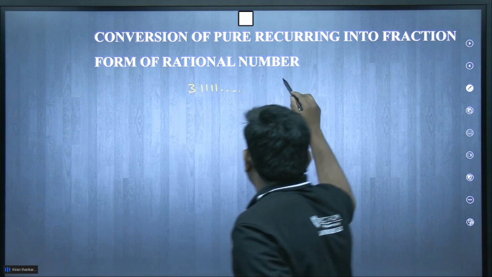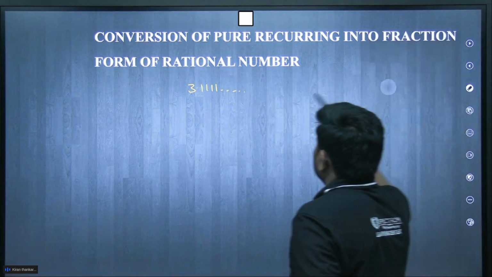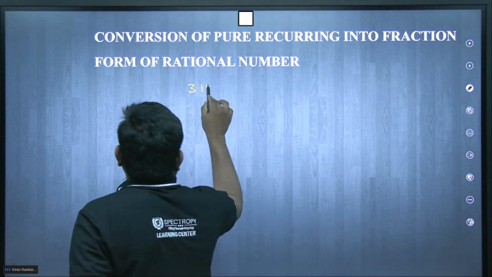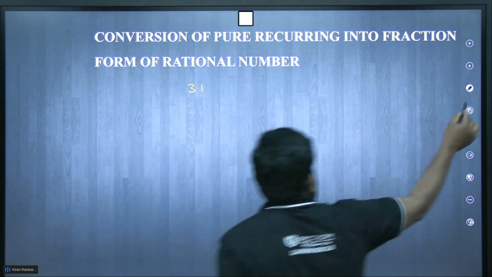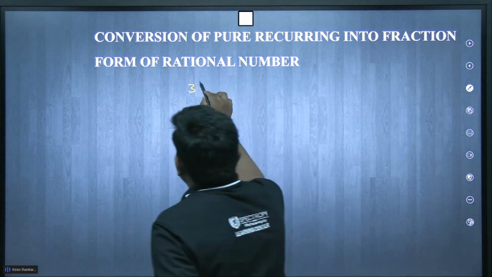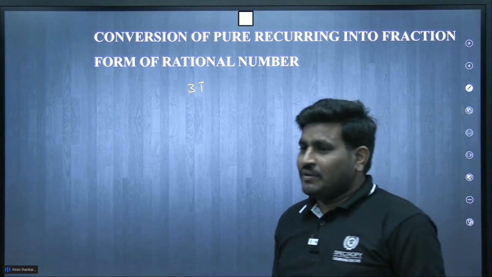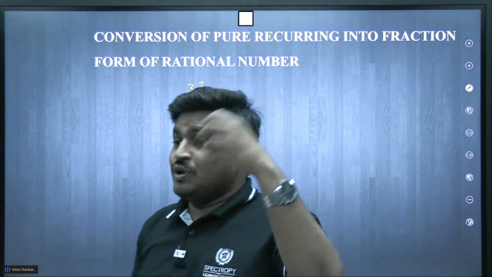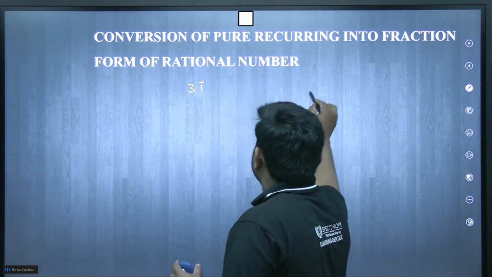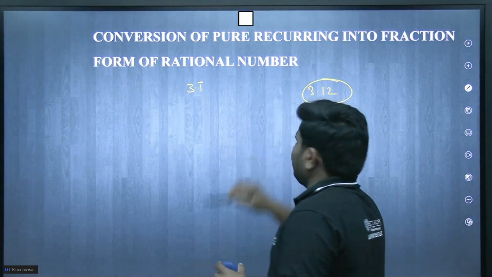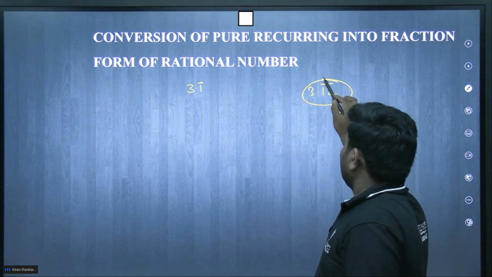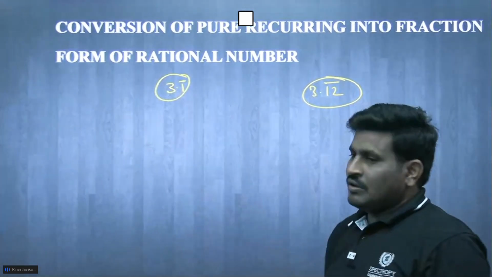We can write it simply as 3.1 bar. The bar symbol means repeating. In an objective question you may get 3.12 bar and 3.1 bar.